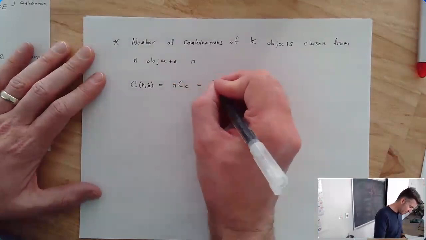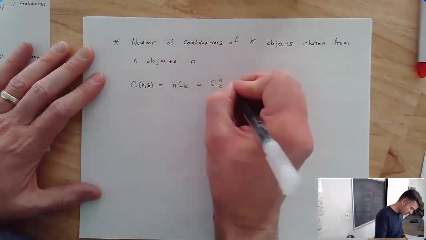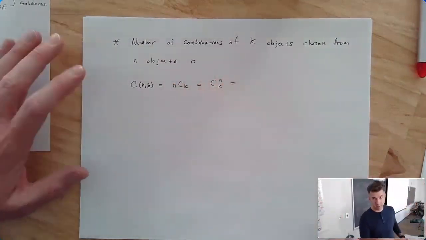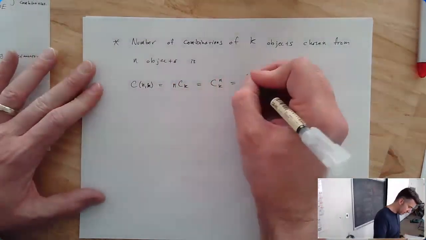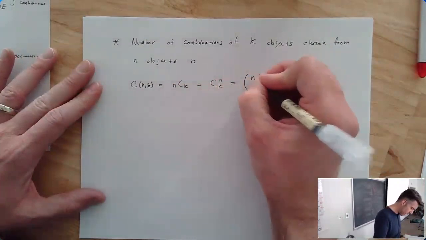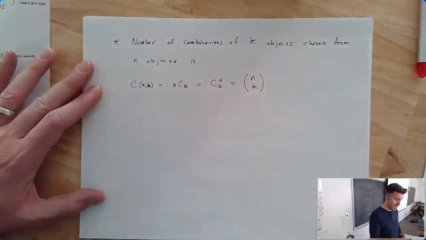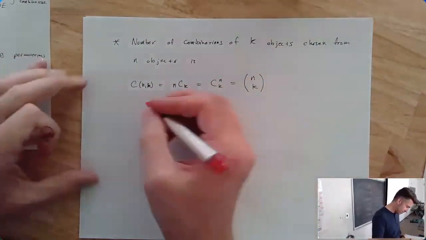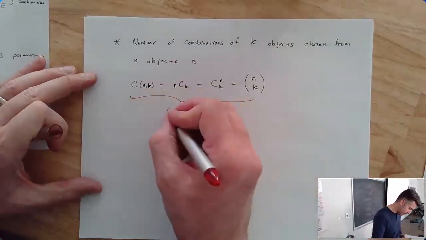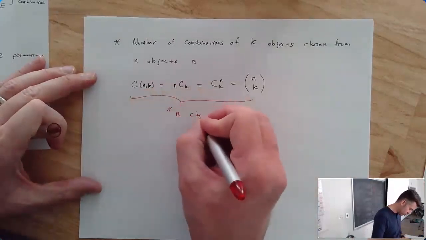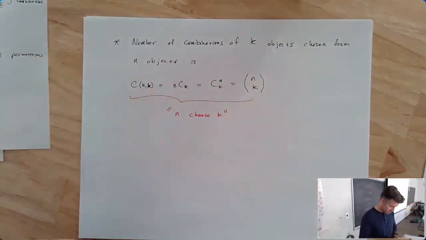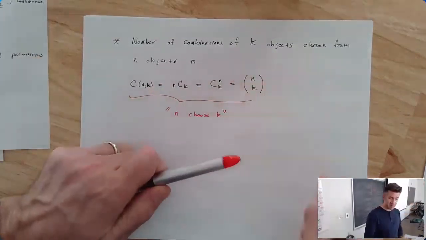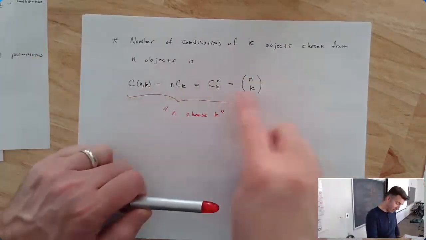I've also seen this notation, but here is the notation that's preferred by mathematicians. So this is the notation you will probably see in class, is N choose K. And all these are read as N choose K. It's just written as a big parentheses with an N over a K, but there's no fraction symbol.